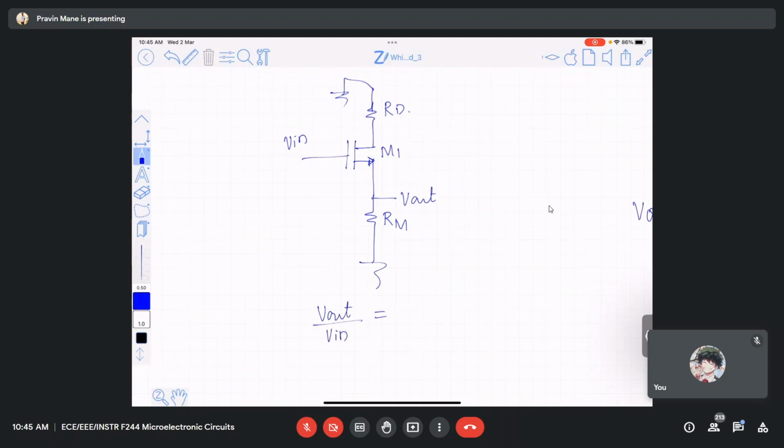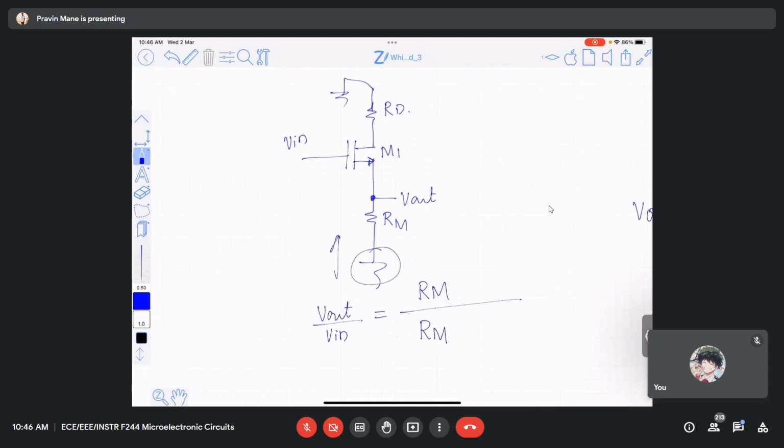What is the resistance connected at the output terminal externally? RM, divided by the resistance seen through the source terminal. What is the resistance seen through the source terminal?